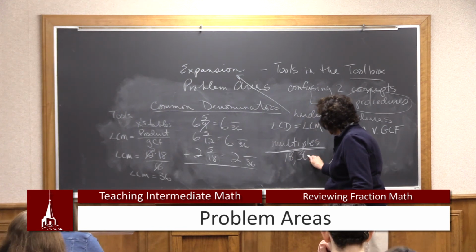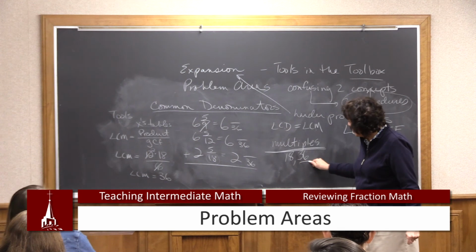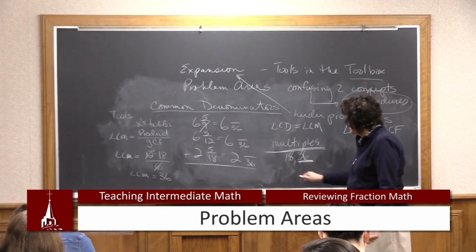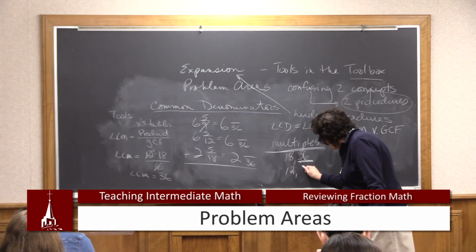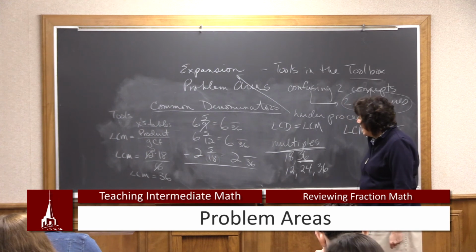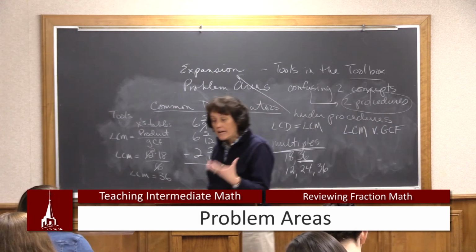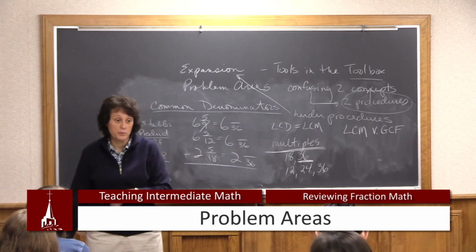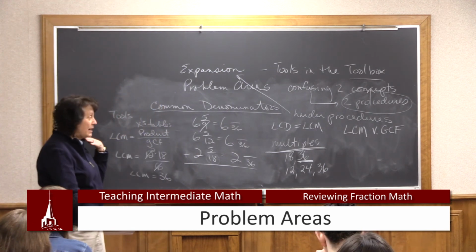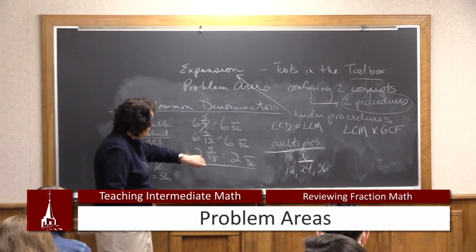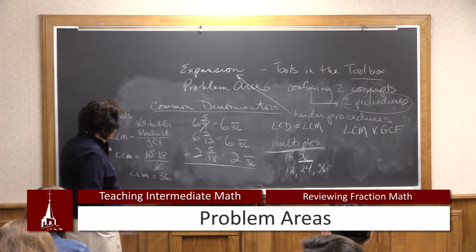Oh, I didn't even get very far before I recognize a multiple of the 12. Or if necessary, I could start writing both multiples. We have to remember that least common denominator is the smallest multiple, the least common multiple of both. So least common denominator is the least common multiple. All right? So then I have my common denominator.